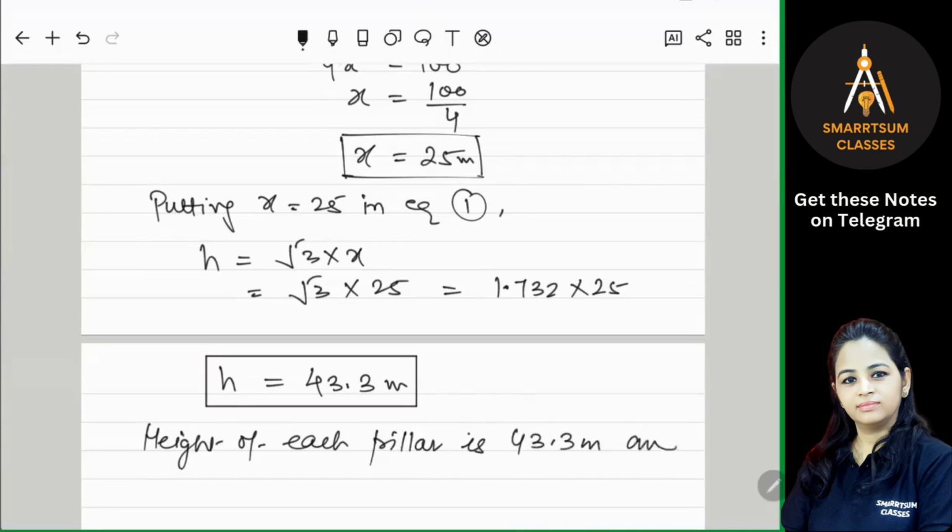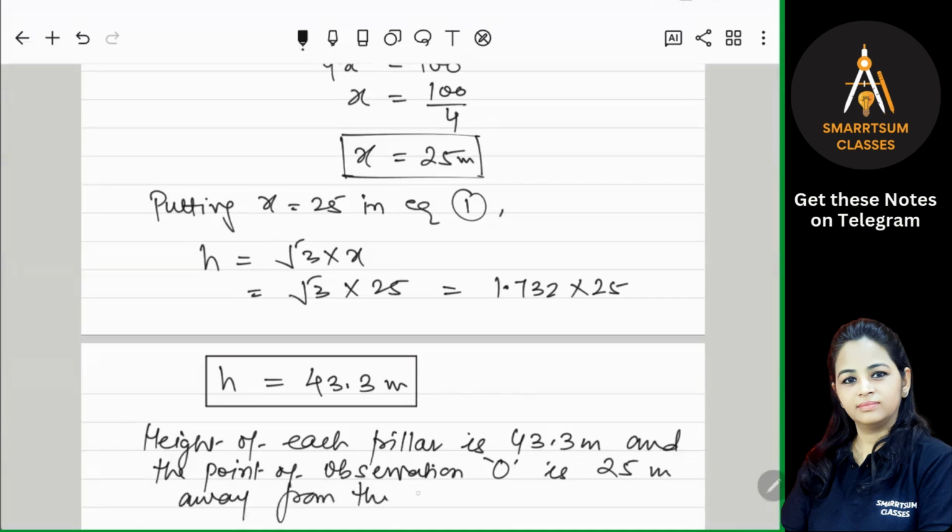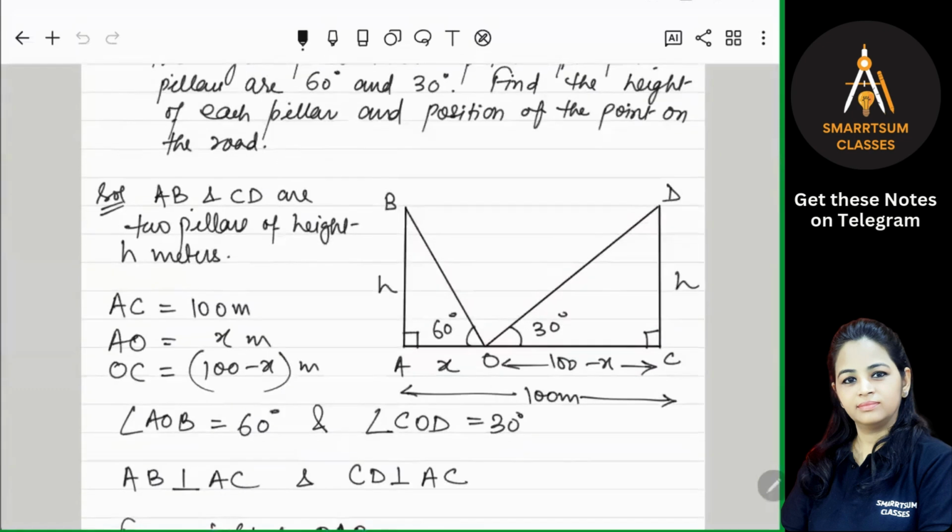And the point of observation, that is O, is 25 meters away from the first pillar, that was AB, in between A and C. So we have got the height of the pillars and the location of the point of observation. Now we can find the distance OC also.